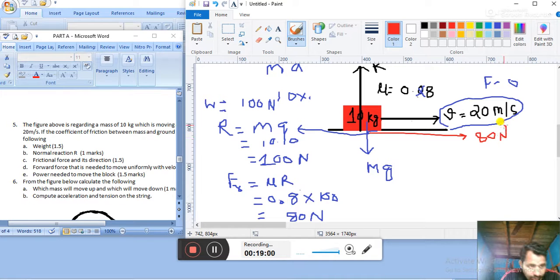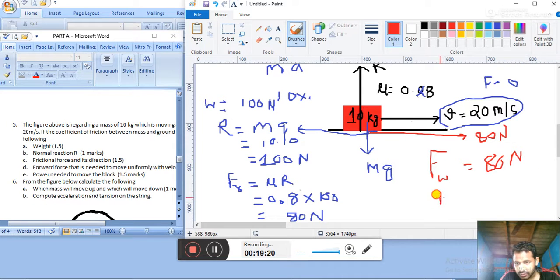So the question is very easy. The forward force, I am writing Fw, should also be 80 newton, because it should balance and only then can it move uniformly. Next, what is the power needed?